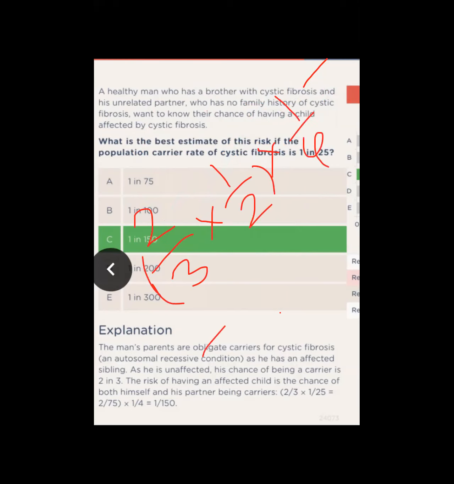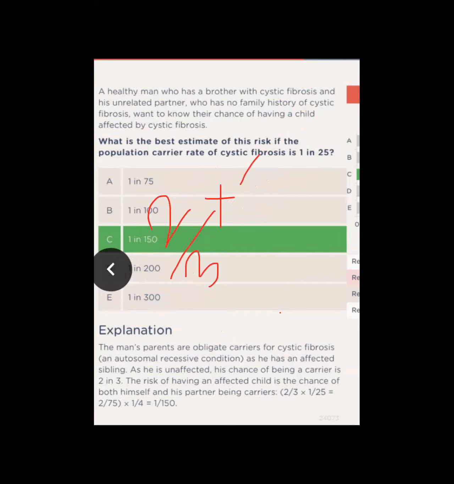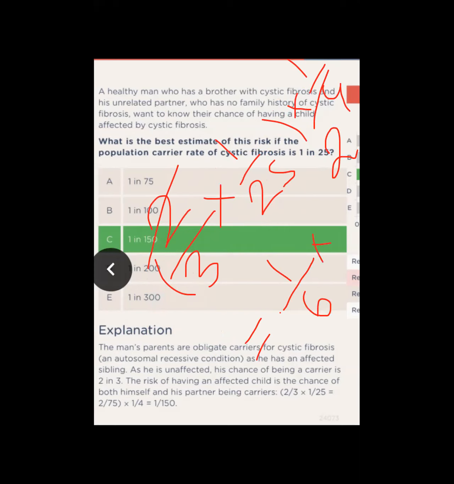How much is the calculation? Sorry, let me do it again. It is 2/3 for the man, 1/25 for the woman, and both of them are carriers. So it is 1/4 for the child who will be affected by cystic fibrosis. So if we do this multiplication, it will be 1/6 into 1/25.